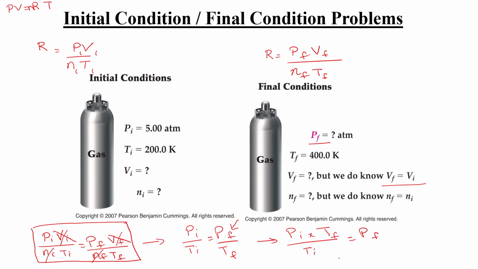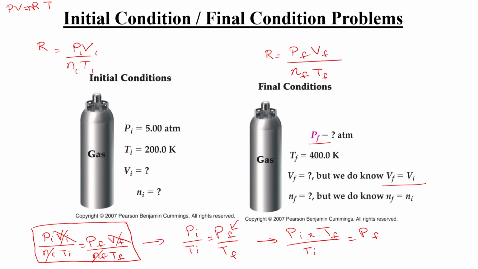Now, one thing that you need to remember: since we do not have R in this equation, you are not bound to use atmospheric pressure. If the pressure is given in millimeters of mercury, you can use that pressure right away. You don't have to convert it to atmospheres. But for temperature, remember, you will always be using Kelvin. So if Celsius is given, make sure you convert it to Kelvin.